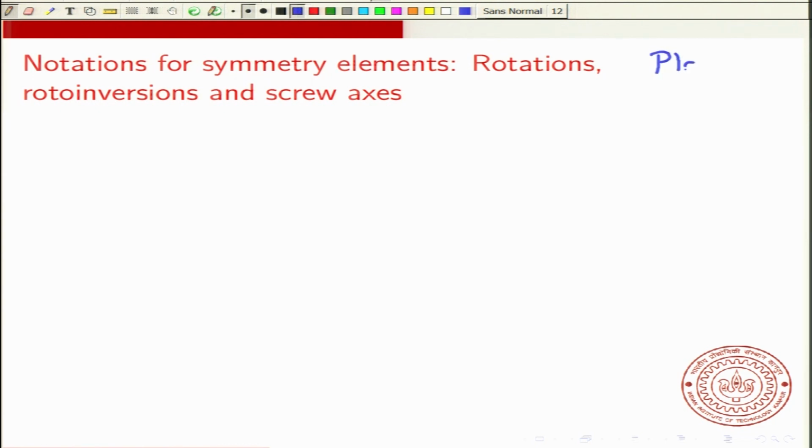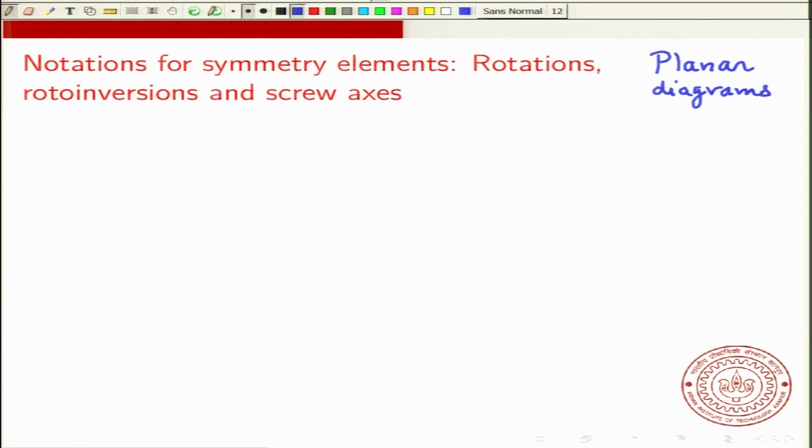So on the planar diagrams you use these notations for symmetry representations, and it turns out that using these symmetry elements and an asymmetric unit, you can generate the entire crystal.